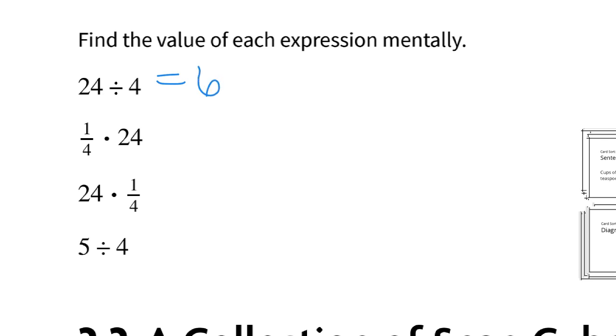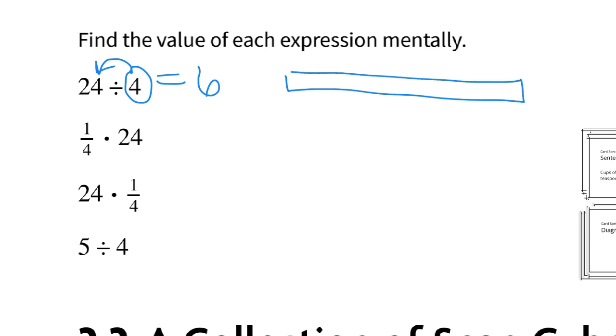Why is that? Well, that's because there's 6 4s in 24. You could take that 24 and cut it into how many 4s go into 24. You could say, well, there's 4, 4, 4, 4, 4, 4. That equals 24, so your answer is 6, right?